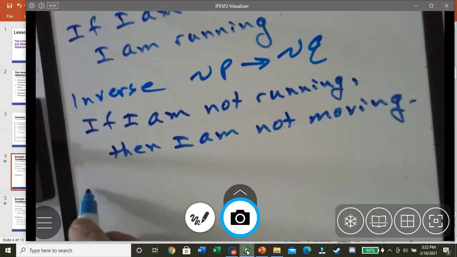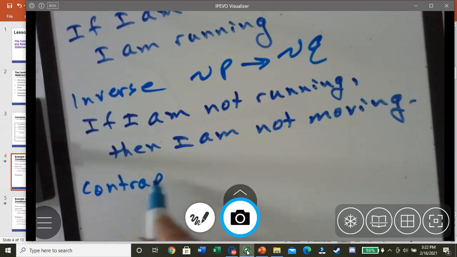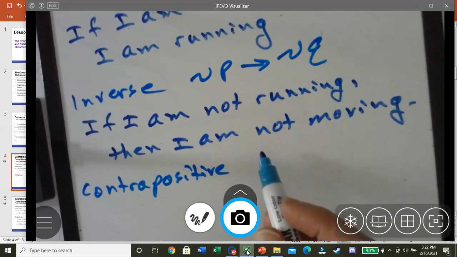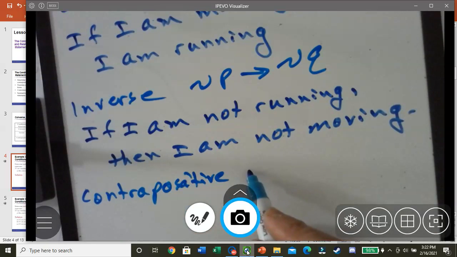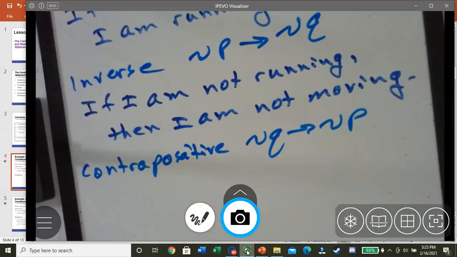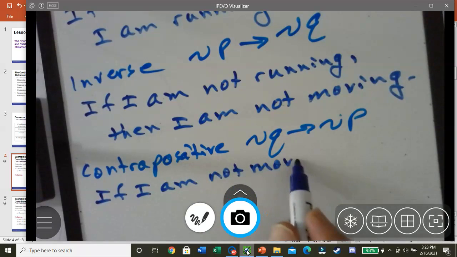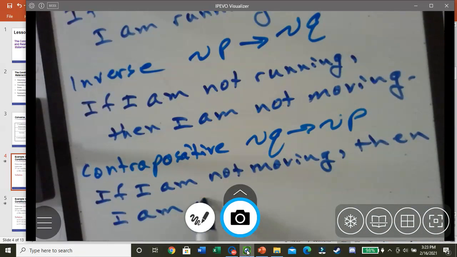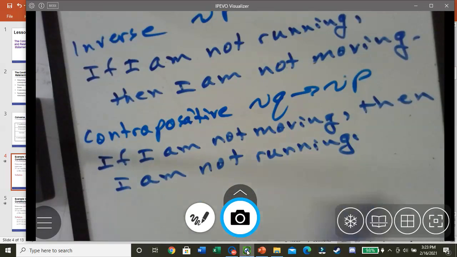So the contrapositive is going to be if not Q, then not P. Okay, so all we're doing here is we're going to write this, if I am not moving, comma, then I am not running. Okay, so that's what we're doing there.